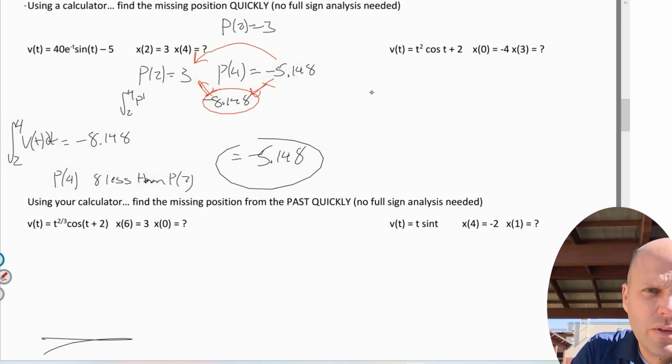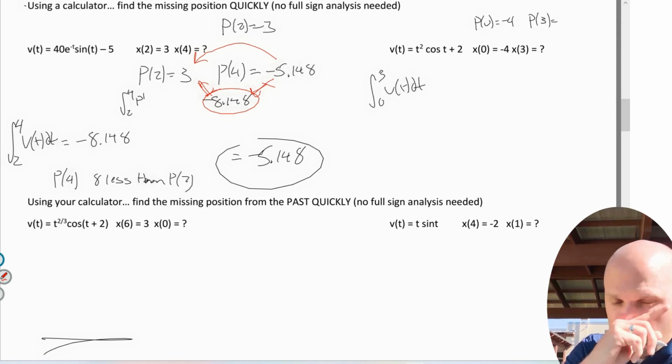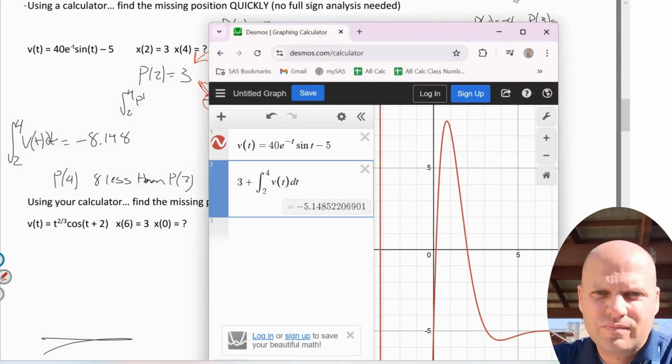Cool. Same deal. Let's find the accumulation from 0 to 3. Why 0 to 3? Because I have my position at time 0, and I want to know my position at time 3. I can't go backwards.